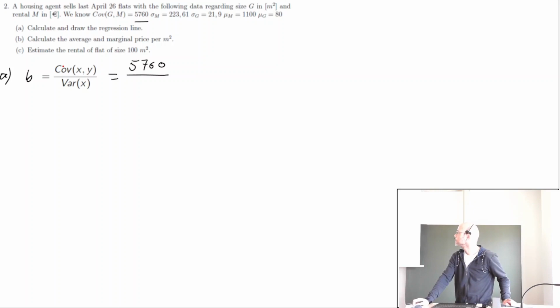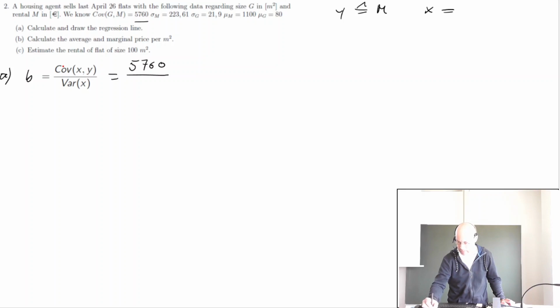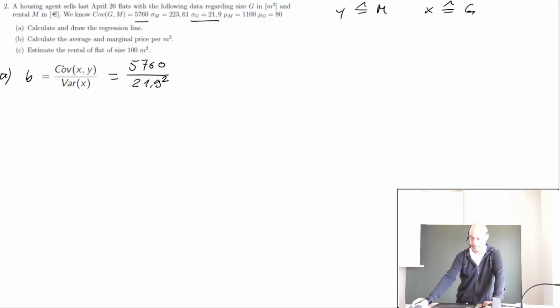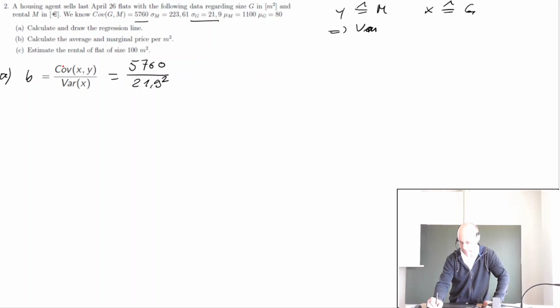So then we have to say what is x and y, and of course we think that y should be the rental, and this is depending on the size of our flat. And we have the standard deviation of the size, so 21.9 squared, because the variance of x is then, of course, the squared standard deviation.